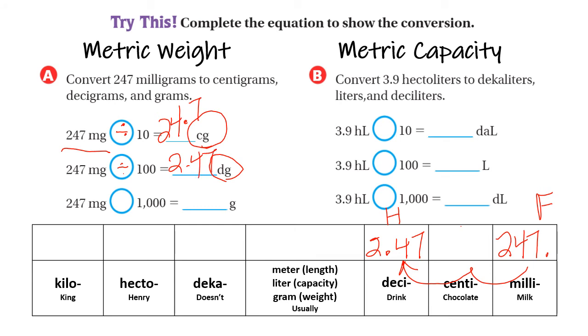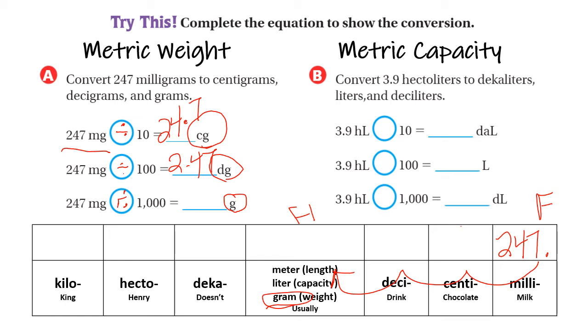Okay, next one. Still starting with milligrams, so I'm just going to leave that. That's still our fly, but now we're going to grams. We're going all the way over here to our basic unit. So we're still going fly to horse, divide, of course, so we're still dividing. And then we're going to move 1, 2, 3 times. 3 times to the left, because remember, divide, we go to the left. Donkeys love.